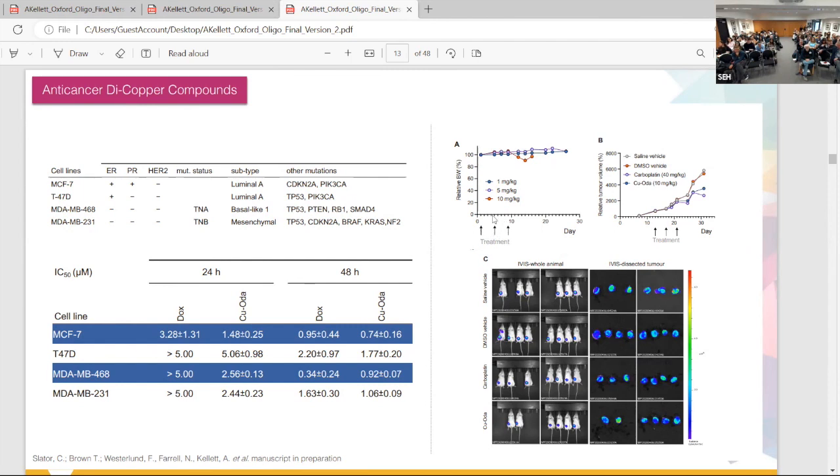You can see it's our tolerance study, and on the right we have a xenograft study showing that at a much lower concentration compared with a control carboplatin, we have a significant reduction in tumor volume. So this molecule has shown significant promise as a new therapeutic with DNA damaging properties.